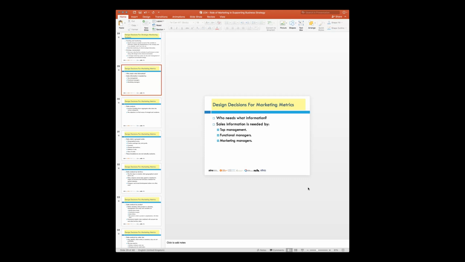Now, an example here would be that if you work within, say, Tesco as an organization, the top management would like to see data which is coming out of sales and coming out of marketing promotions from a different point of view. The top management would be interested in finding out, using metrics, whether this promotion or this advertising campaign during the Easter has resulted in this much increase in sales or revenue or not.